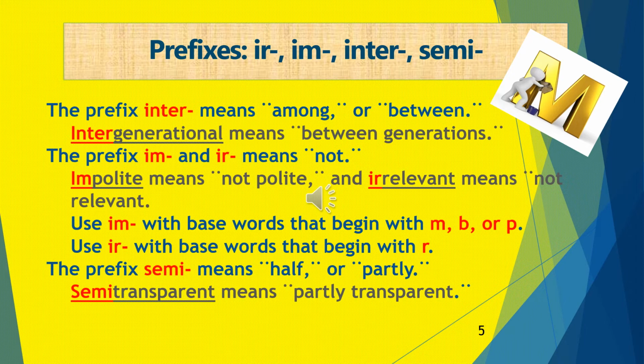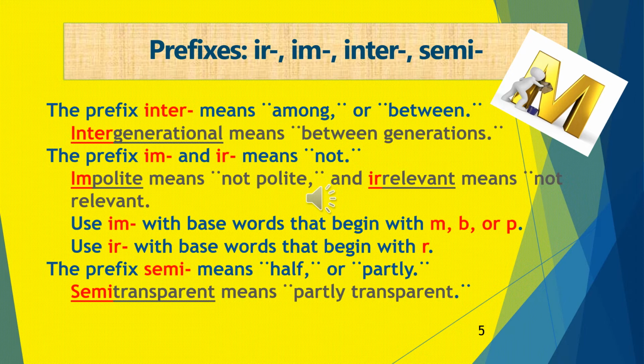You use im with a base word that begins with M or P, and you use ir with a base word that begins with R. So the rule is telling us that if you have a base word that starts with M or P, you are going to use the prefix im.